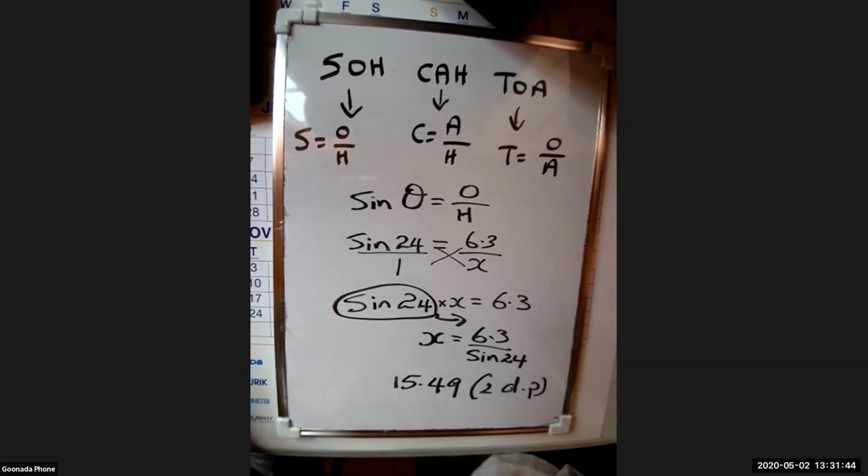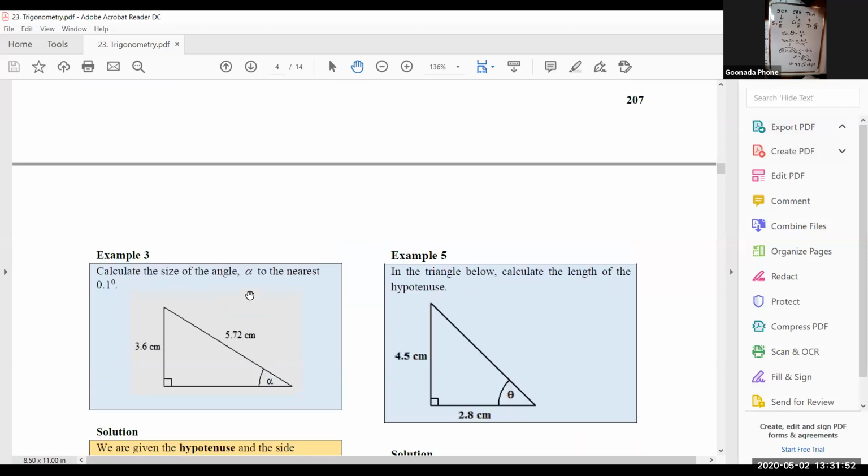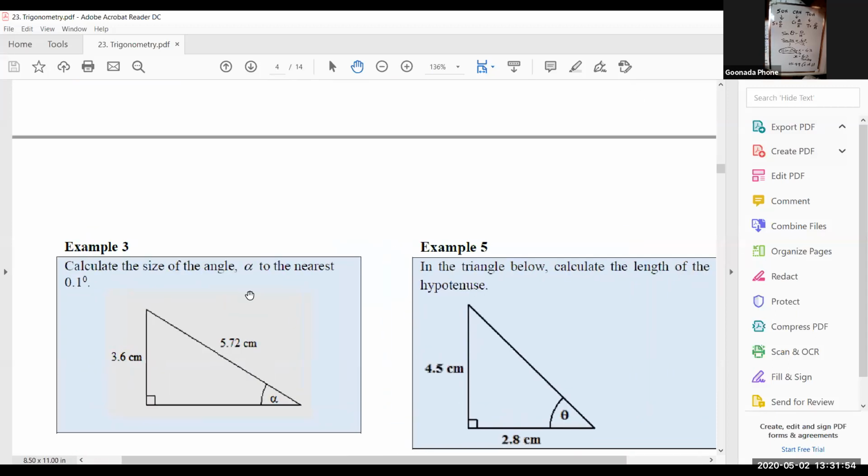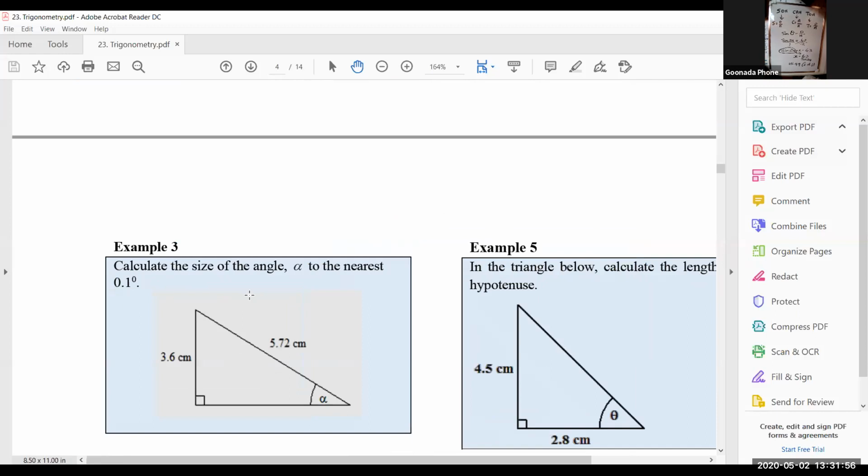Yeah, no problem. So let me just kick it up a notch a little bit. I want you all to try this question here for me. Calculate the size of angle alpha to the nearest 0.1 degrees. In other words, they're asking you for the nearest tenth.